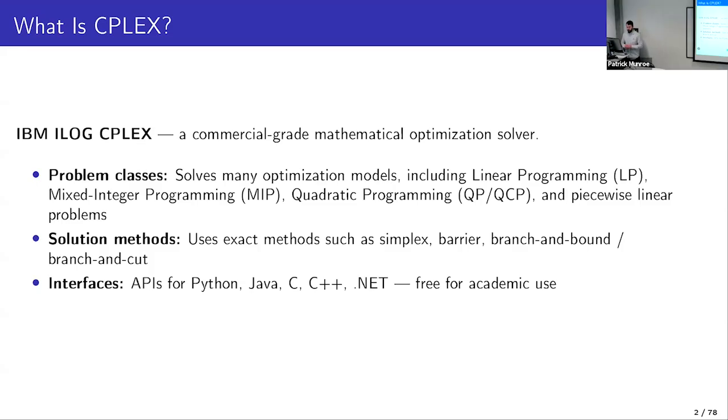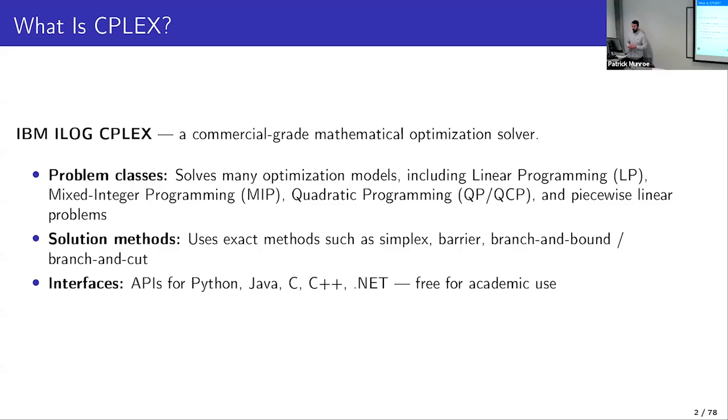And it uses, in general, exact methods to solve those problems. So the simplex, for example, to solve LPs, or barrier, and branch and bound, branch and cut to solve mixed integer linear programs.